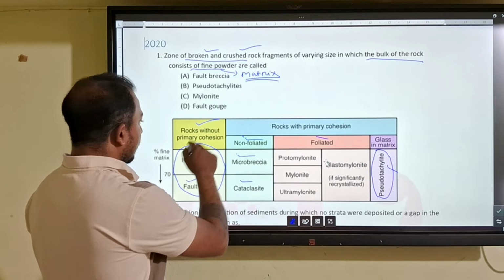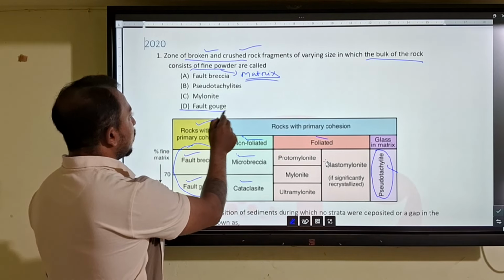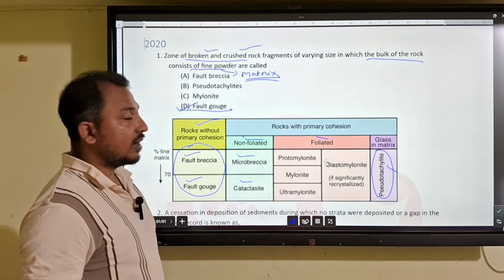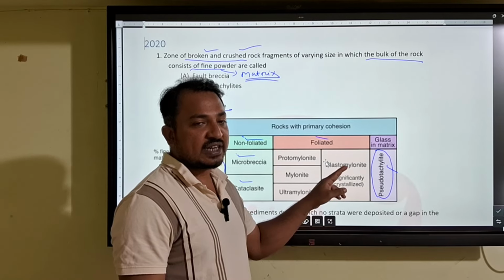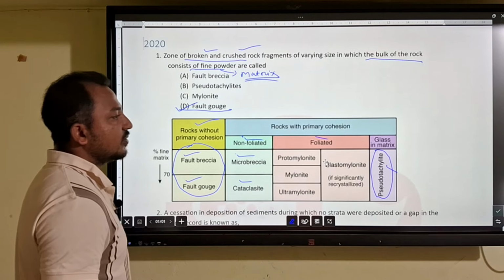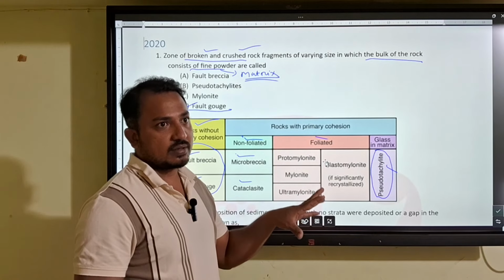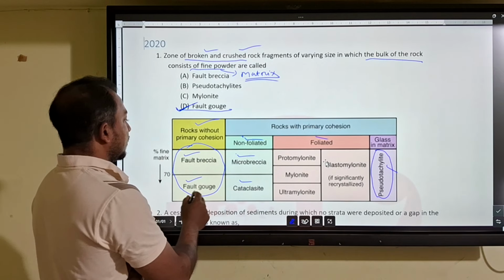Among these options, fault breccia has matrix percentage, but it is less than fault gouge. So fault gouge will be the correct answer here. Pseudotachylite is brittle and its main characteristic is that it is indicative of ancient earthquakes, as it is produced during earthquake shock. So the answer will be fault gouge.